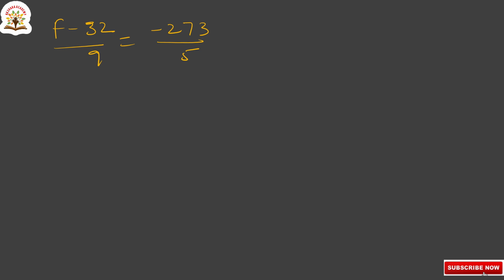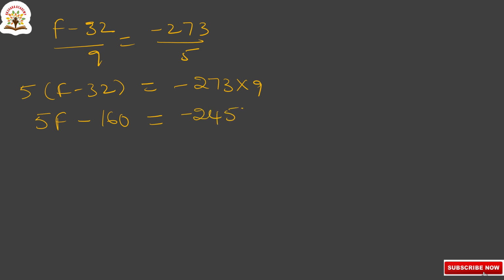Now taking cross multiplication, 5 into F minus 32 is equals to minus 273 into 9. So here 5F minus 32 into 5, 160. That is equals to 273 into 9, it becomes 2457.